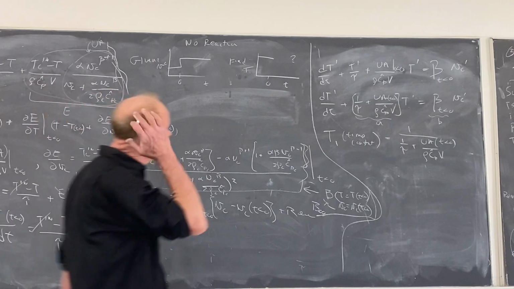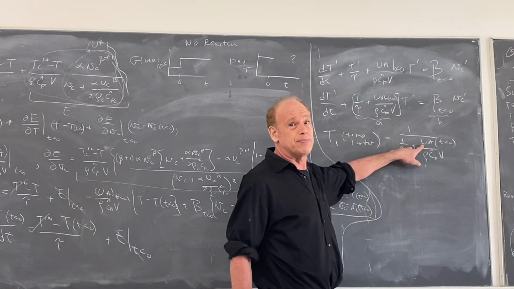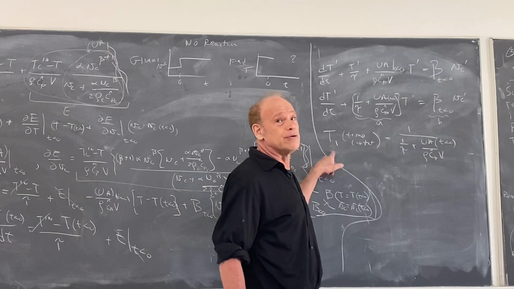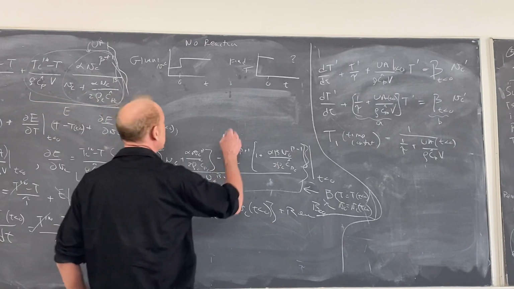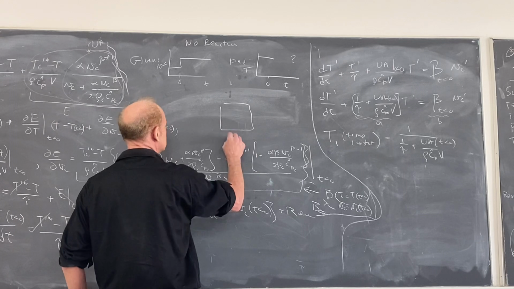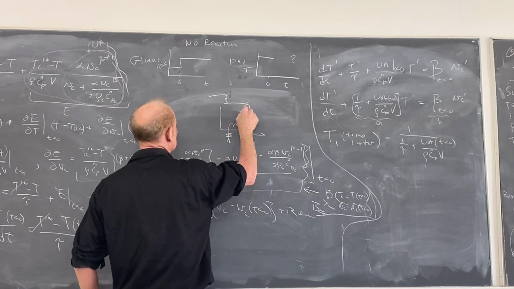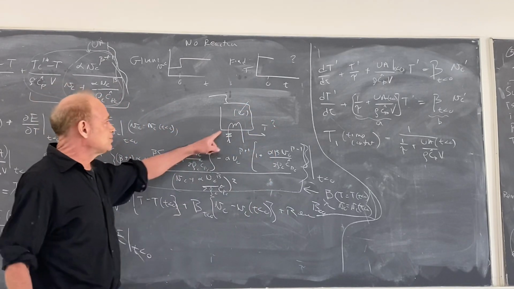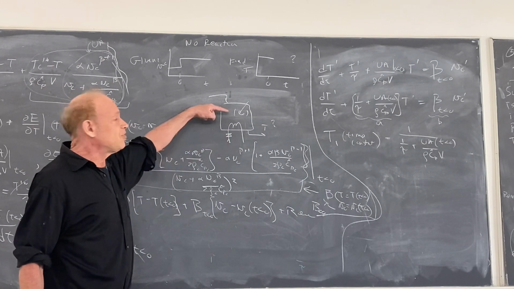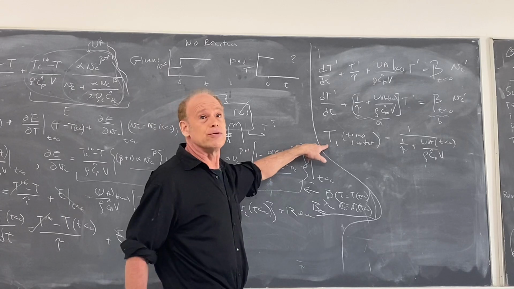Okay, so let's notice that as the heat transfer coefficient goes up, the time constant goes down. That makes sense. Remember, we're looking at T out. As the heat transfer coefficient goes up, the temperature should change faster in here, so the time constant should go down.